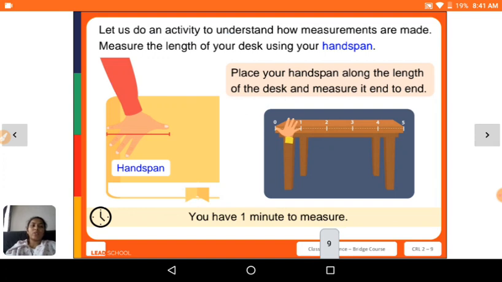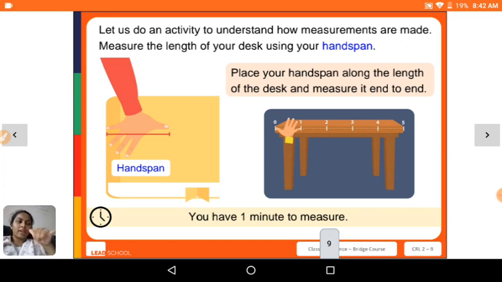Let us do an activity to understand how measurements are made. Measure the length of your desk using a handspan. Place your hand along the length of the desk and measure it end to end. So you know how to use the handspan method. The thumb and the last finger of your hand, use this as a measurement.